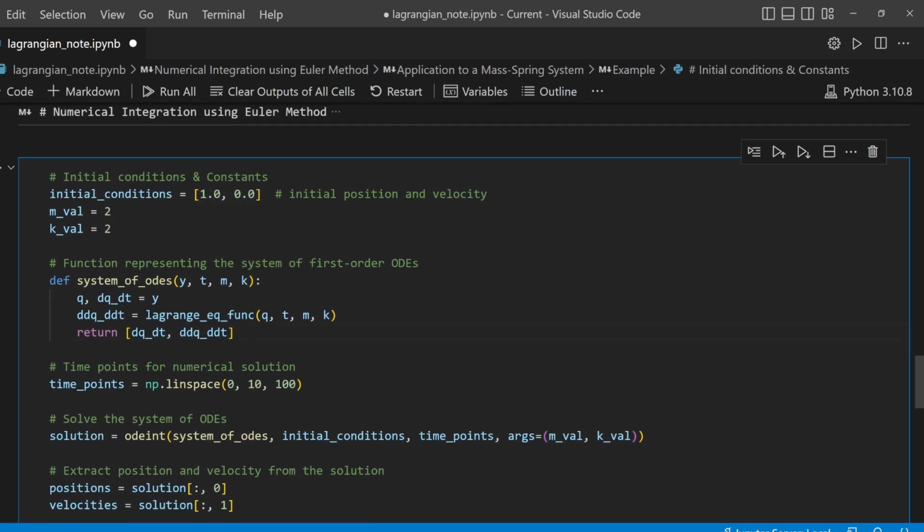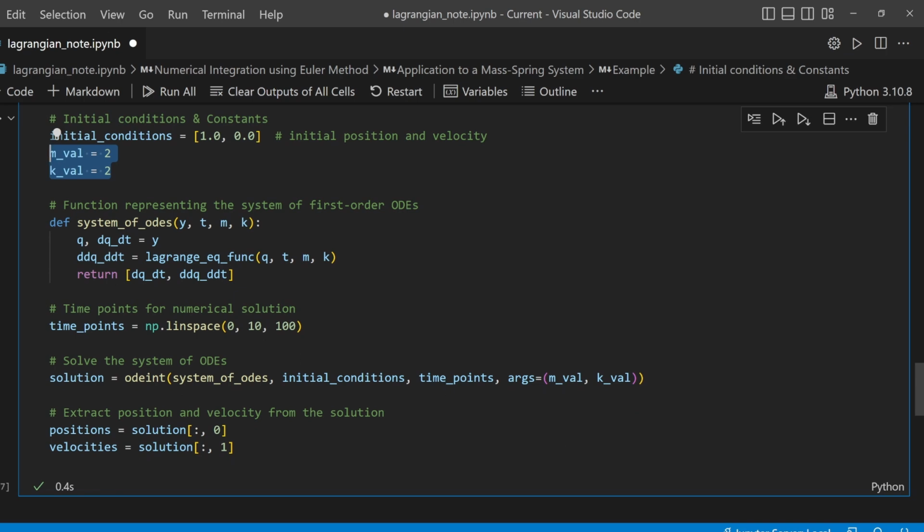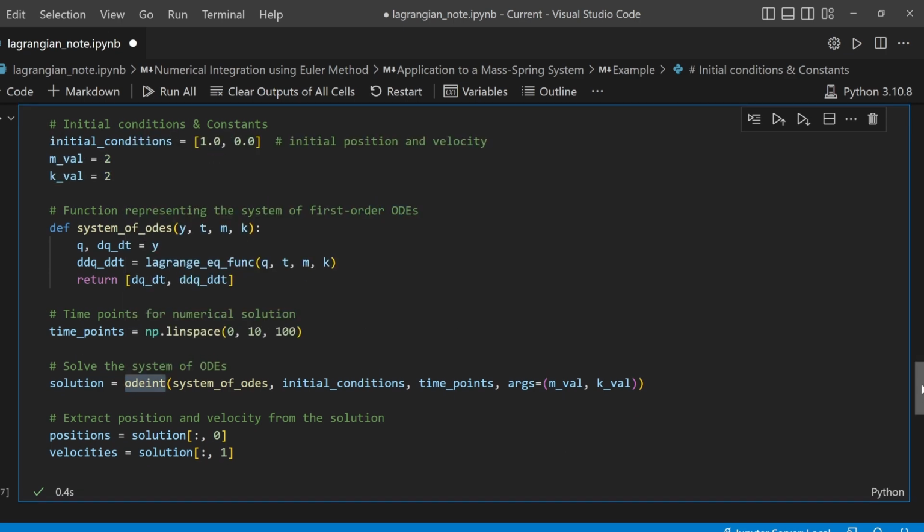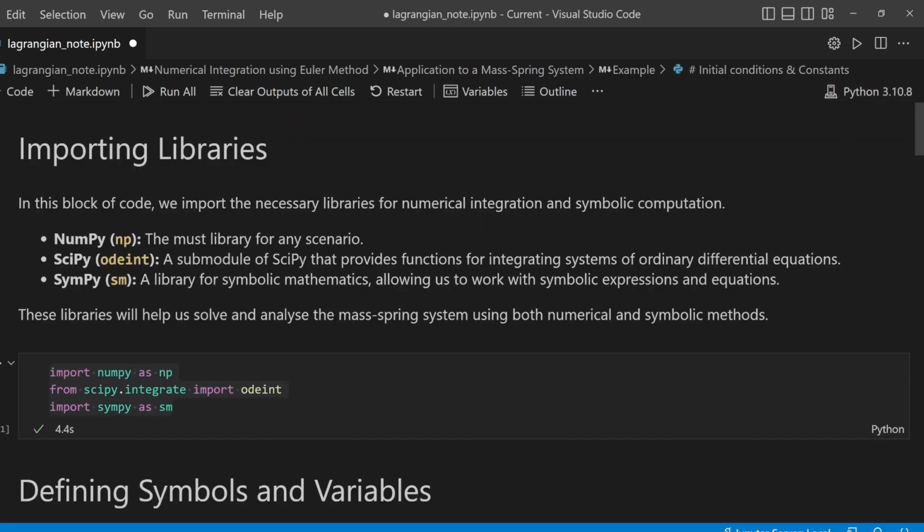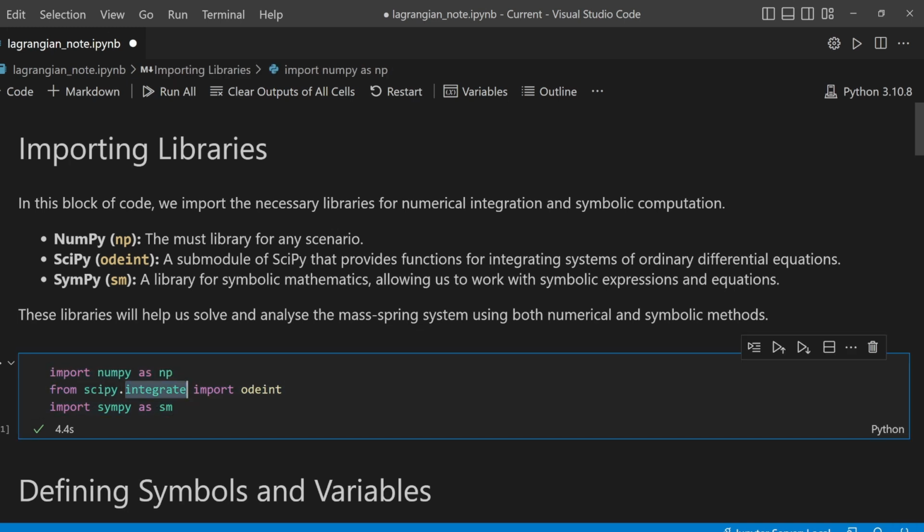So we initially define the initial conditions with the position and the velocity, the values of m and k, alright? Then you actually solve it with this function right here, odeint, the one we imported right in the beginning, here from scipy.integrate import odeint.